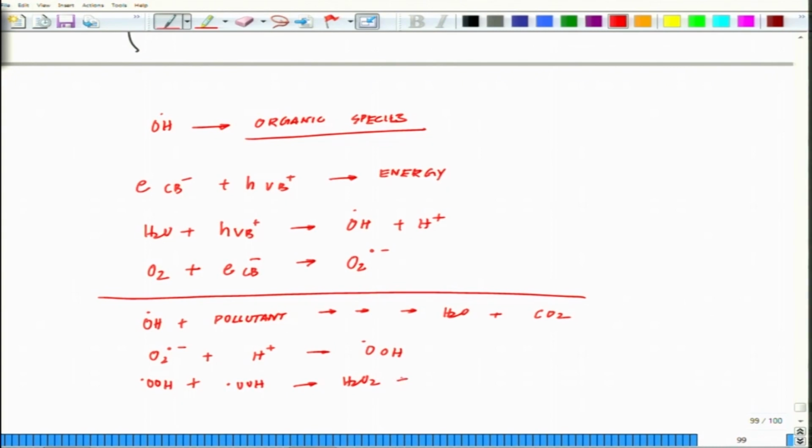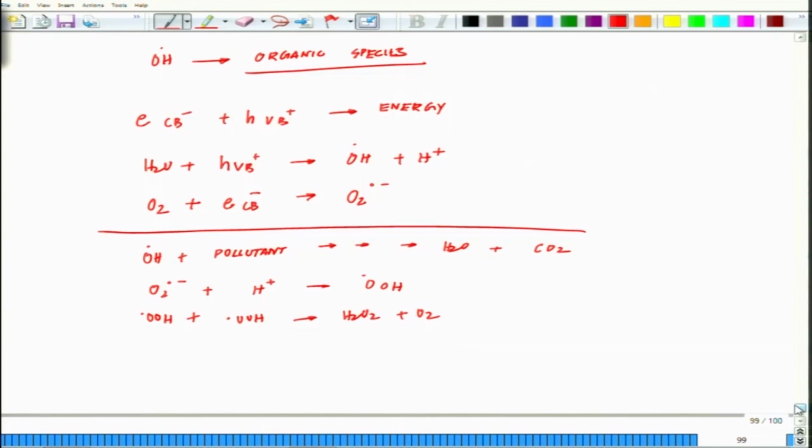This will remind you of the role of pyrite, where it generates trace amounts of this O2 dot minus, plus a pollutant.